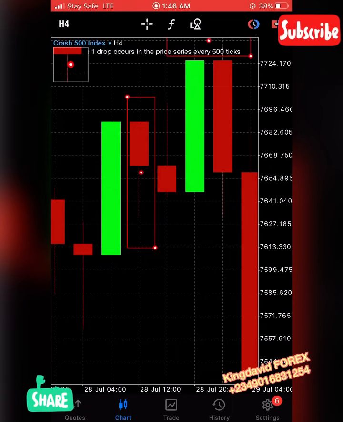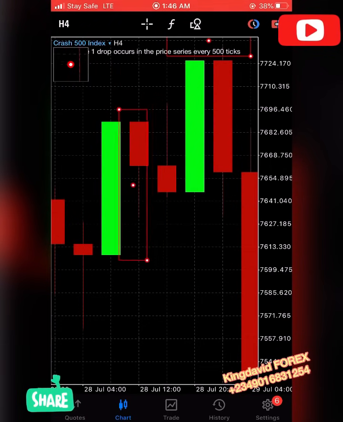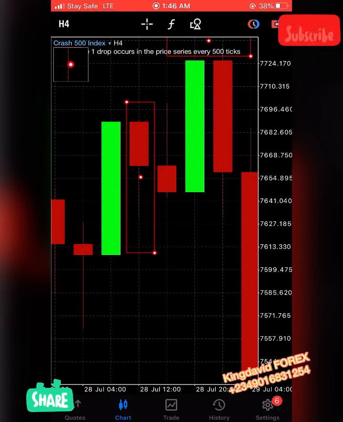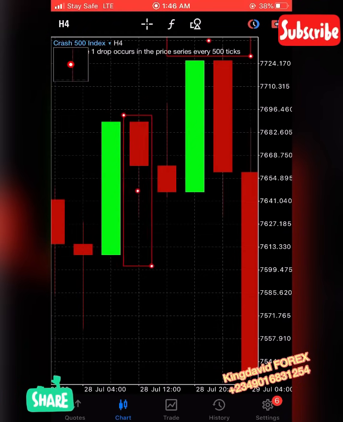When this spike starts coming in, don't forget, this is the H4 time frame. This candle alone is enough to give you about 5k dollars using a proper lot size. Most times whenever I see this kind of setup, I go in using risk management.